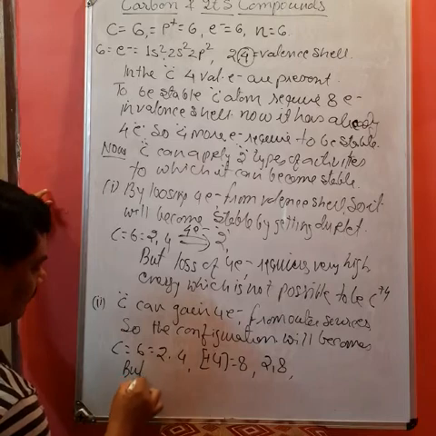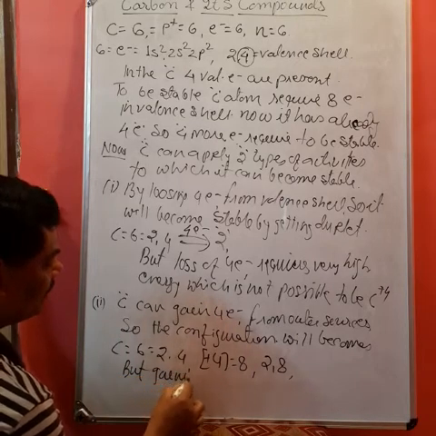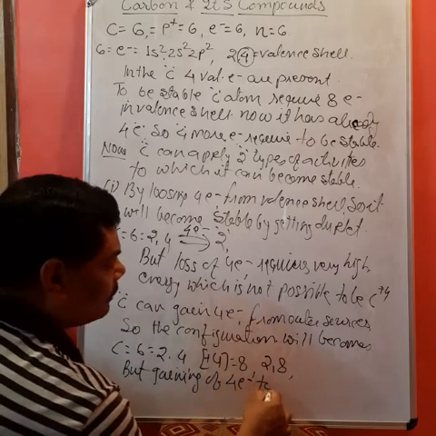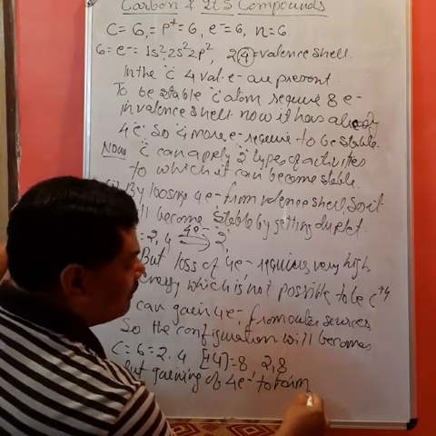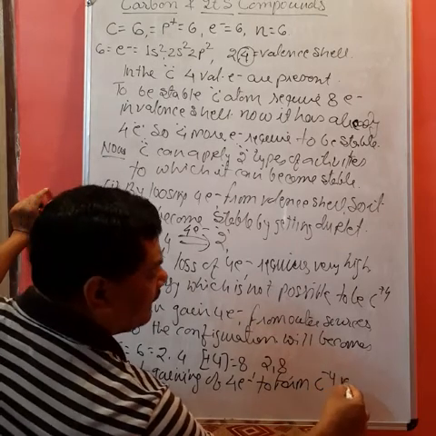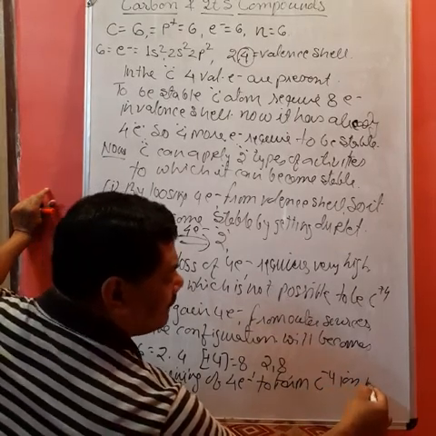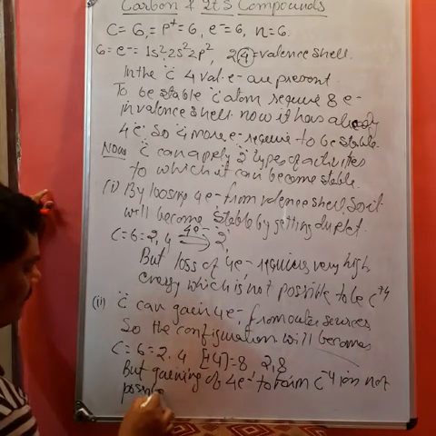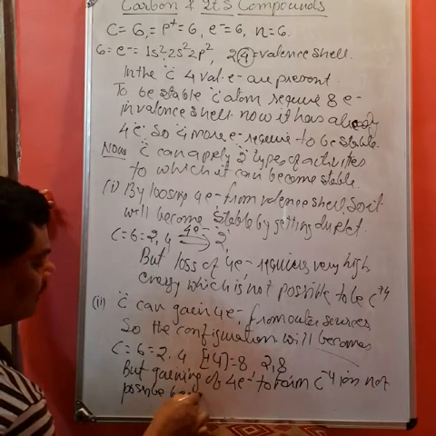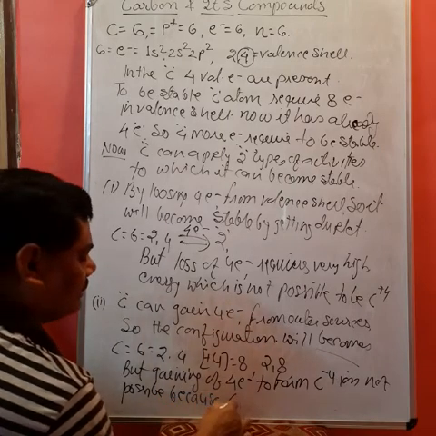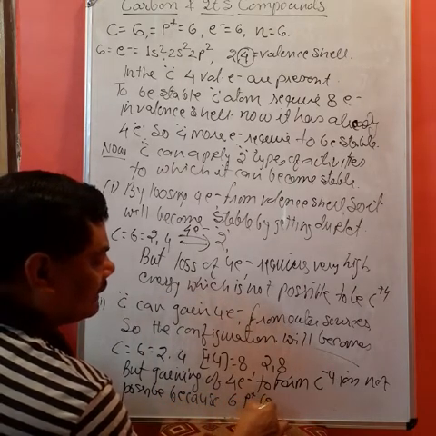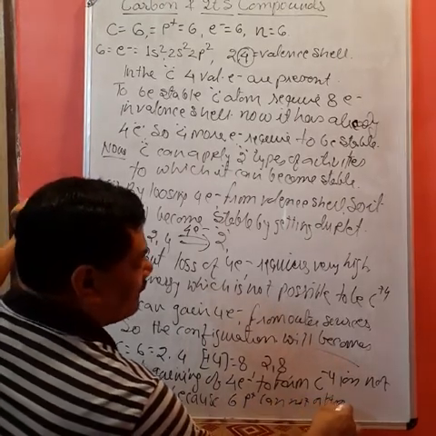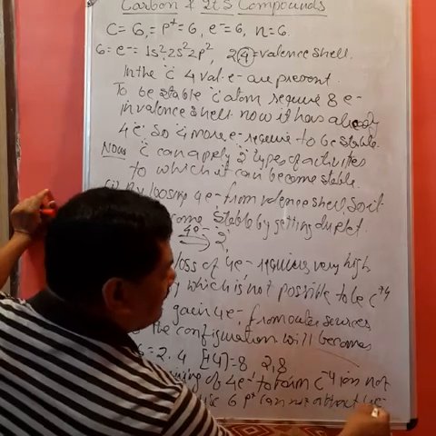But gaining 4 electrons to form a C minus 4 ion is not possible, because 6 protons cannot attract 4 electrons.